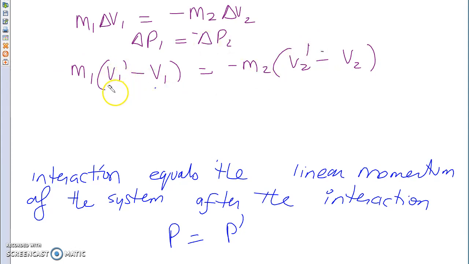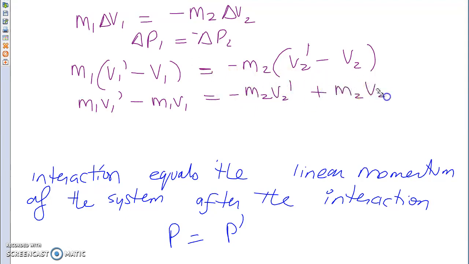The velocity of the second object after, the velocity of the first object after. Velocity of the first object before, velocity of the second object before. Before and after, yes. Which line? This? This is nothing. That is nothing. Okay? All right, so what we're going to do is we're going to expand it. m1 v1 prime minus m1 v1, which equals negative m2 v2 prime plus m2 v2.